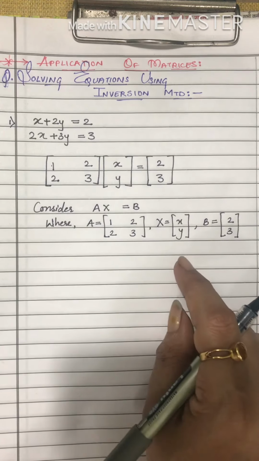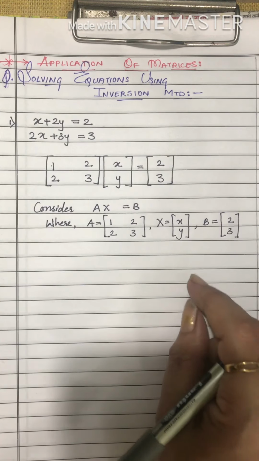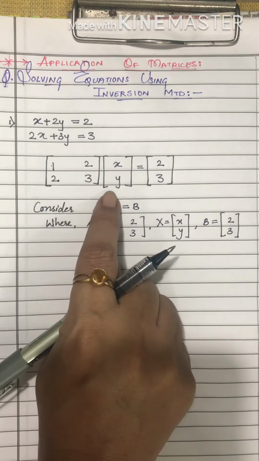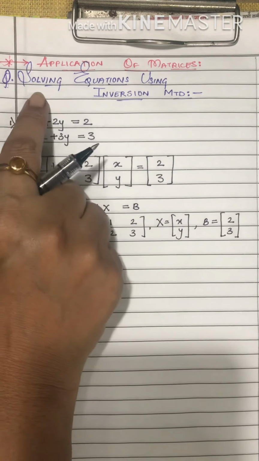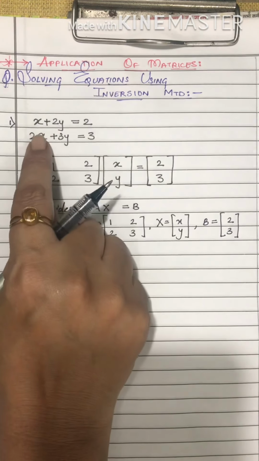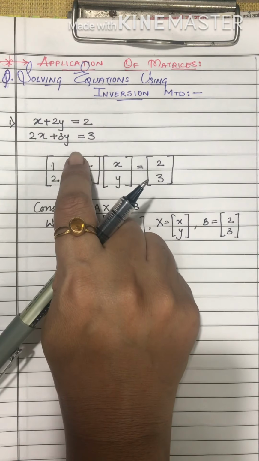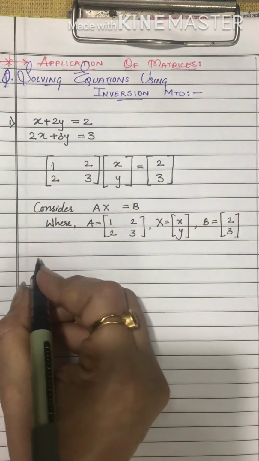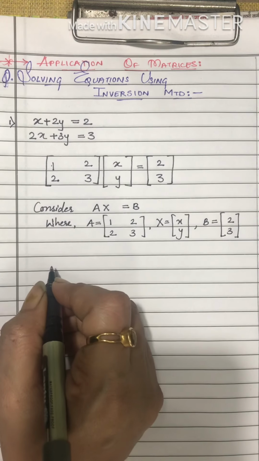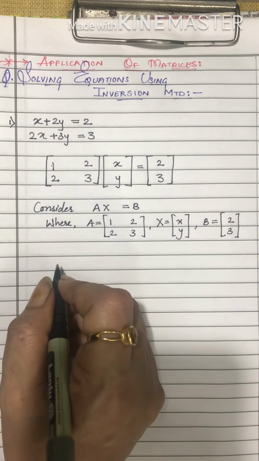Now, the purpose is to find out the values of x and y. When they ask us to solve equations, it means we need to find out the values of the variables involved in the equation. What we need to do first, we will try to find out A inverse. Now why A inverse?